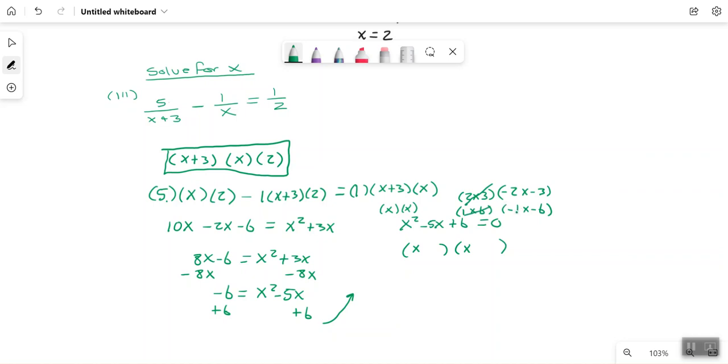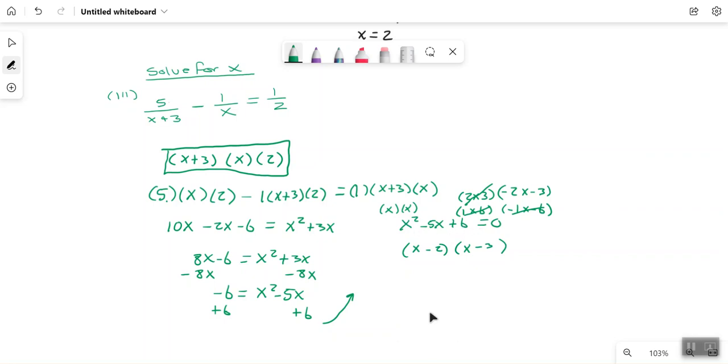If I take minus 1 and minus 6 and add these together or subtract them from each other, it's not going to give us minus 5x, so it's not these. So it can only be these: minus 2 and minus 3 will give us minus 5. So we can do it like this, minus 2, minus 3. These are the factors for this quadratic here.